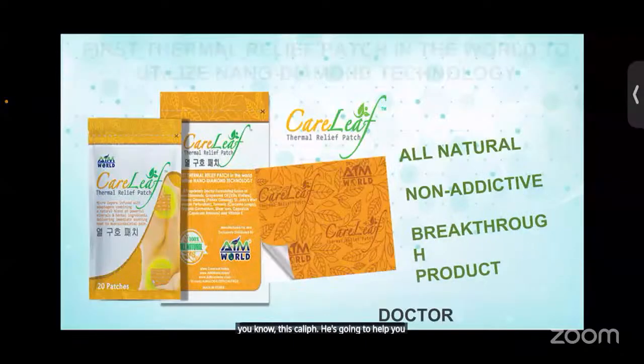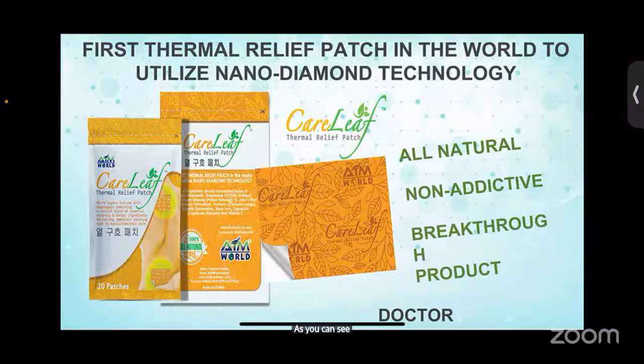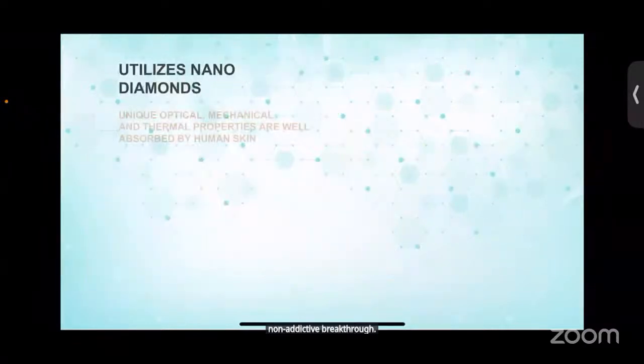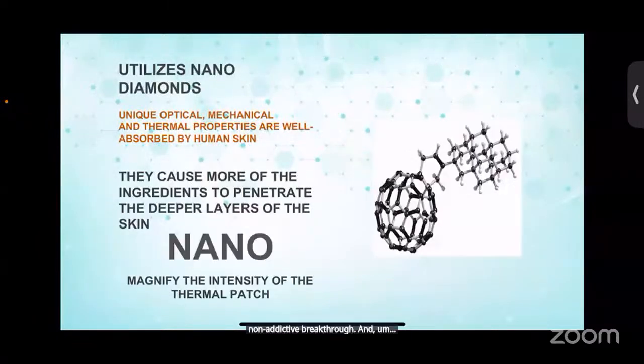It is, as you can see, the first thermal relief patch in the world to utilize nanodiamond technology. It is an all natural, non-addictive, breakthrough product, and it utilizes nano diamonds, as you can see.